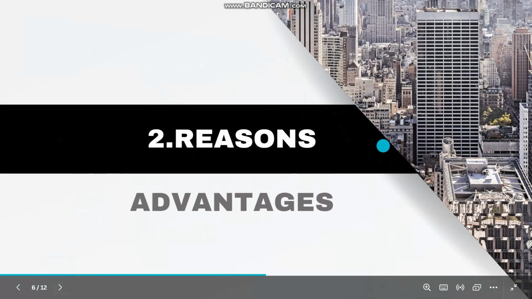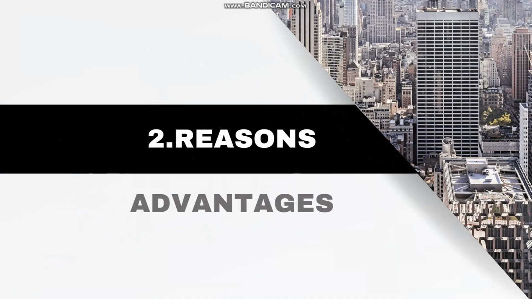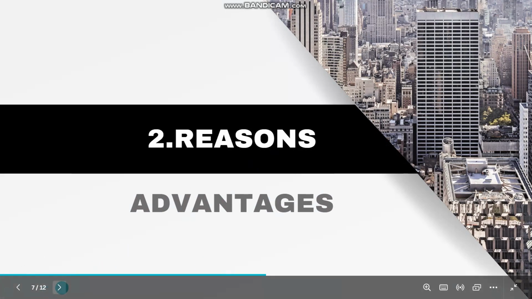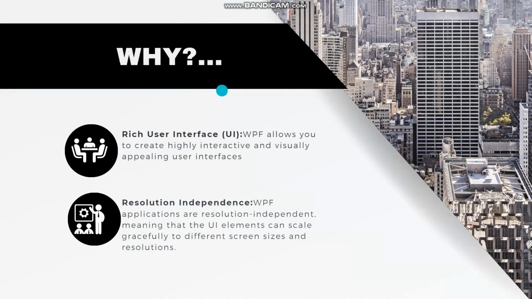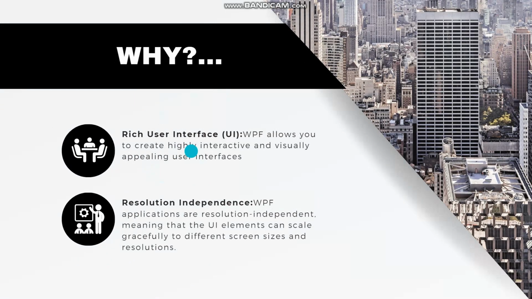Okay, so now let us take on the reasons. Why did we choose WPF as our programming language? Now we're going to check the advantages. The first advantage of why we chose WPF is a rich user interface.